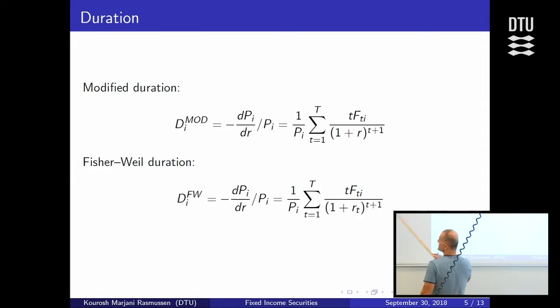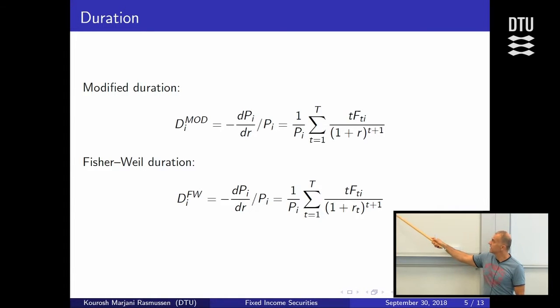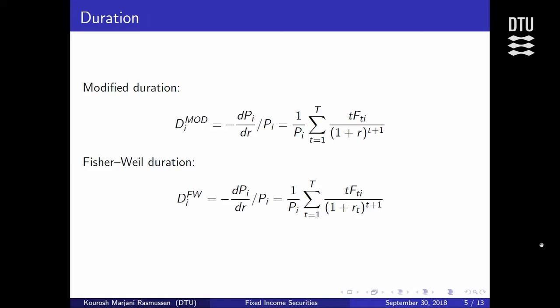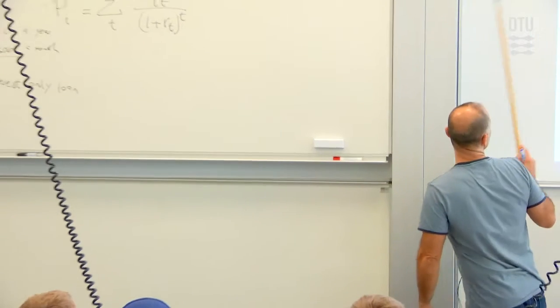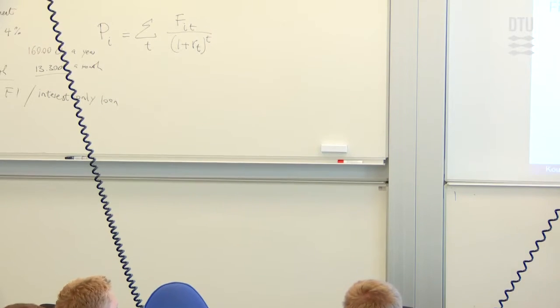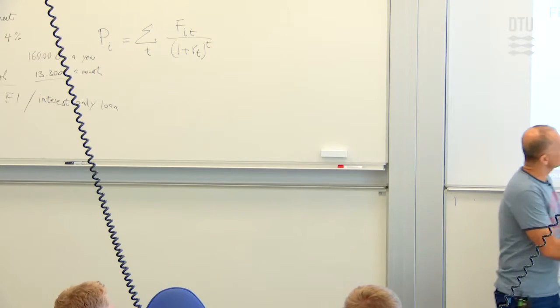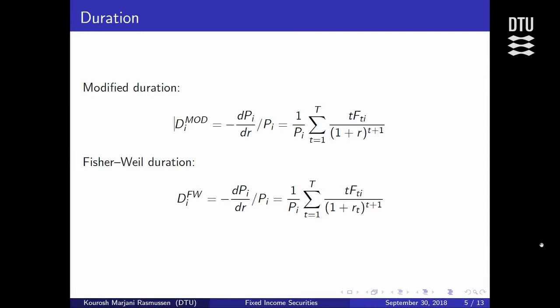If you take this function over here, the price function, and you differentiate it with regards to interest rate, you will get this formula out. Notice there's also something called Fisher-Weil duration, which is the one I'm going to recommend you use for your exercises here and for the midterm project.